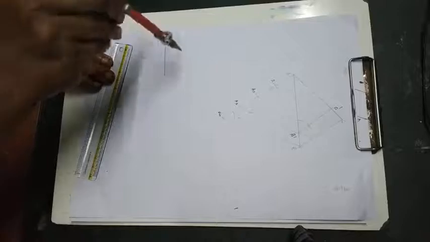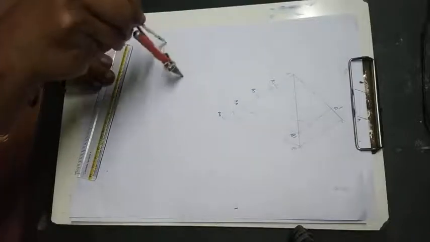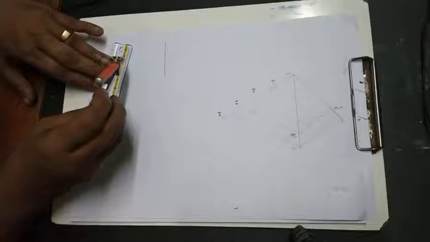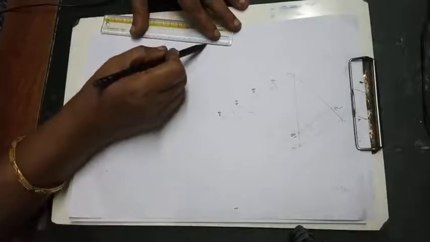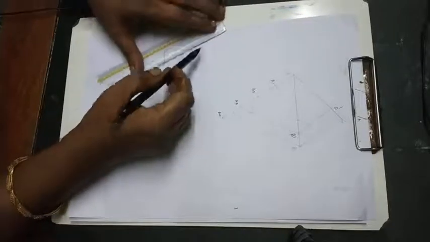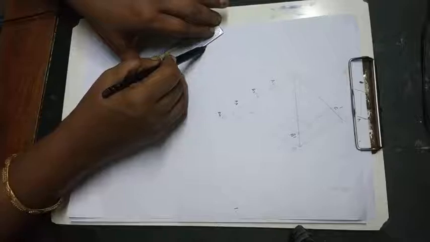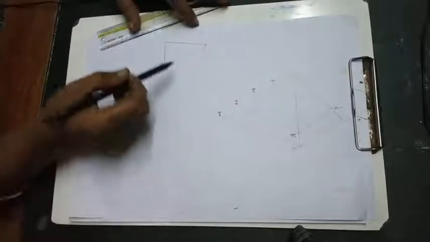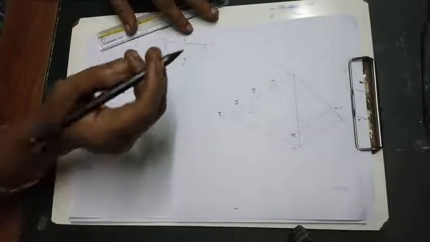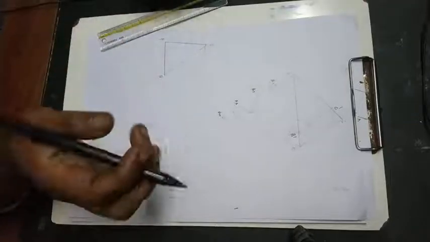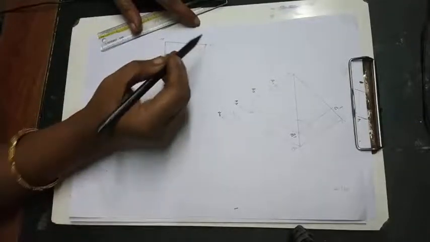Take in the compass, then draw an arc of 5 centimeter, then 6 centimeter from here. So our triangle is this one. Let us mark that one PQR. Name is not given, so you can give any name, XYZ, ABC, PQR, whatever it is.